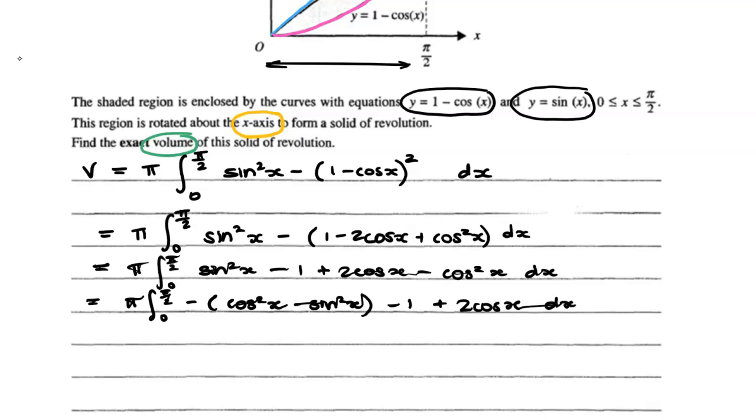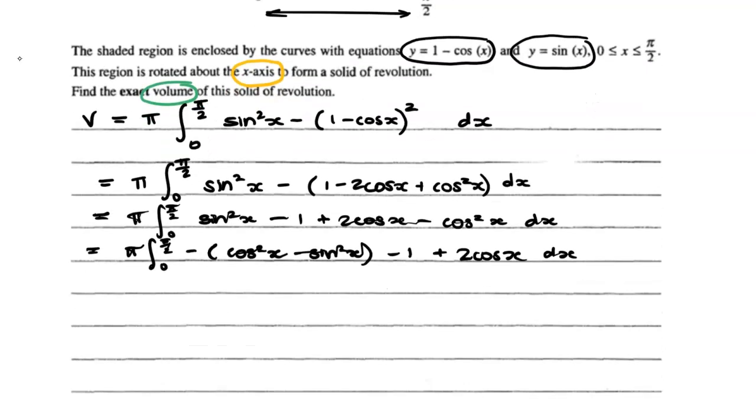Now, why is that so nice? Well, we know that cos squared x minus sine squared x is equal to cos 2x. So that means we're going to have minus cos 2x and then minus 1 plus 2 cos x. My pen's doing this thing where it connects together my characters.